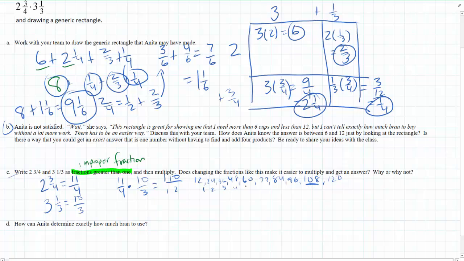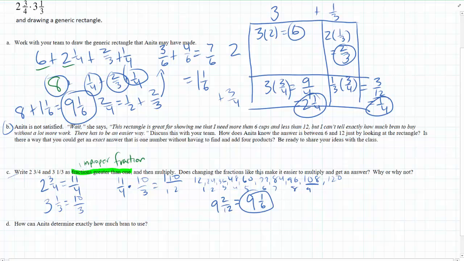So we know we have 9 wholes. That's 108 pieces. Now there's 2 pieces left, right? Because there are 110 and we took away 108. So there's 2 pieces left, and they're twelfths. We'll simplify that to 9 and 1/6.